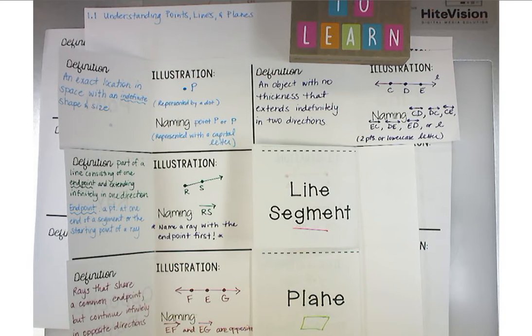Another way you'll see a line named is with an italicized letter, like for that one, it's a fancy L. So you could either call that line L or CD, DC, CE, EC, DE, or ED. Now, any of those lines that we just named, those could also be what? They could also be rays. That's why the way that you notate it is going to be really important, because that's going to set those two apart.